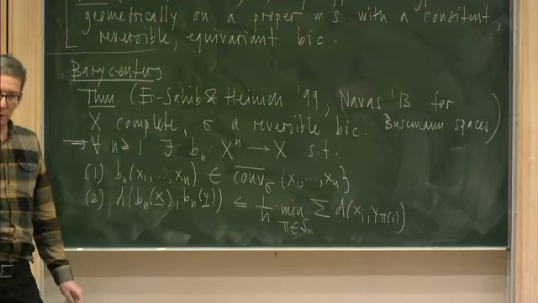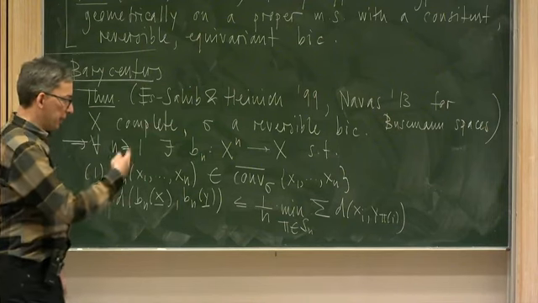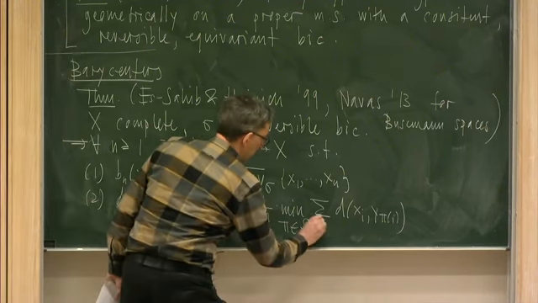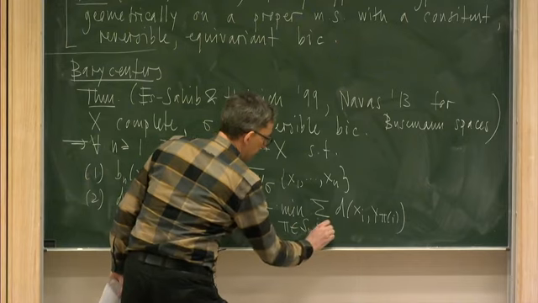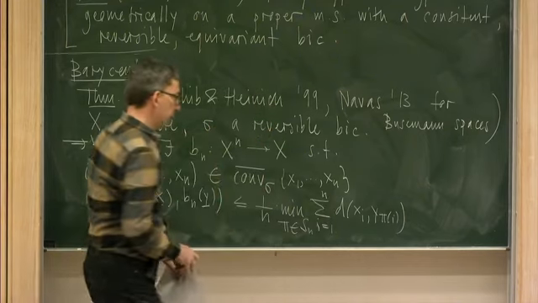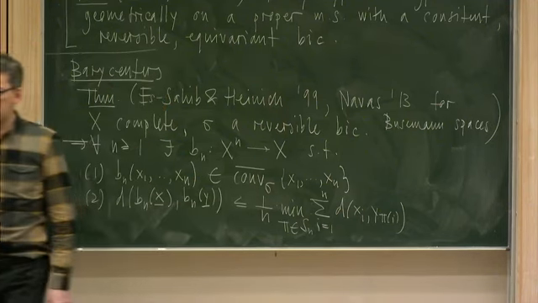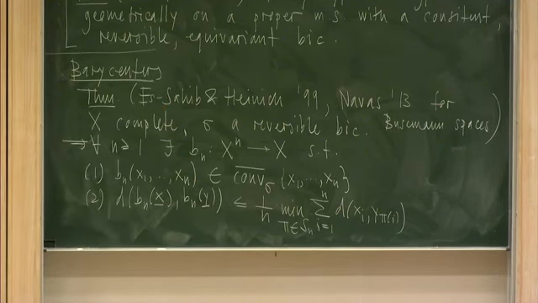So you can permute the points, and then you sum up the distances, and you look for the best permutation, and you divide by n. So that's a very sharp estimate.